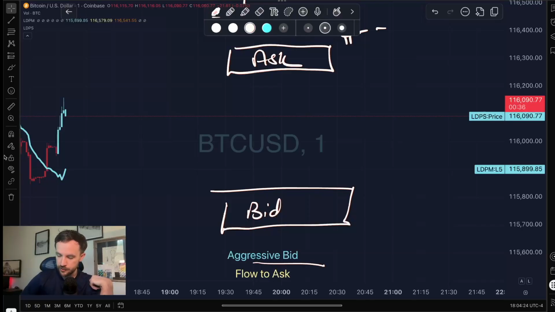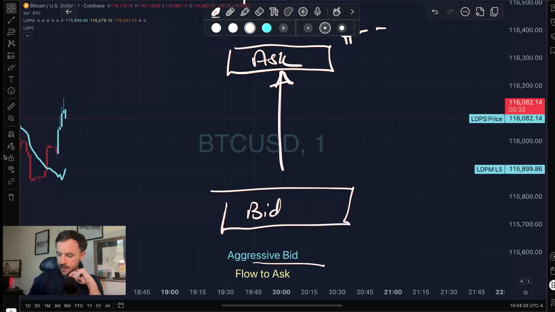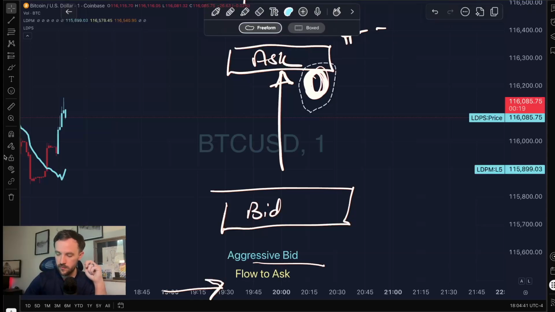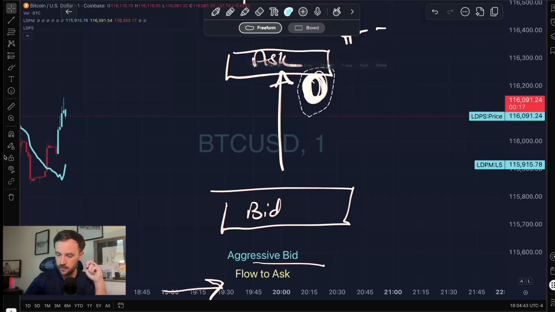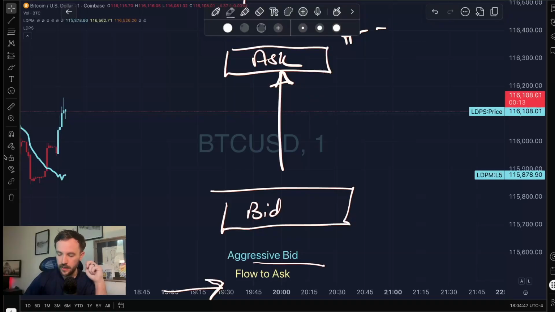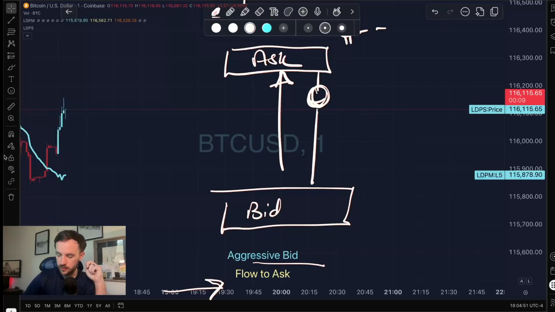This means that the aggressive is moving directly to the ask. And in fact, that's exactly what liquidity is showing us. It's telling us that the liquidity nexus is at the ask, or rather it's flowing to the ask. So it's not quite there yet, but it's much closer than it is to the bid.